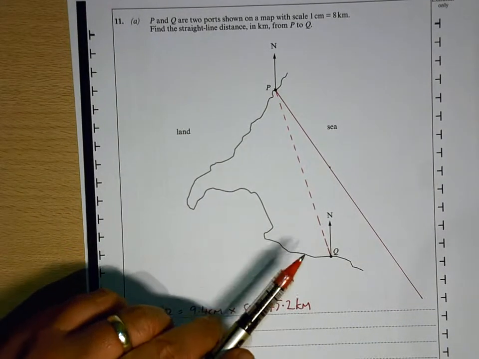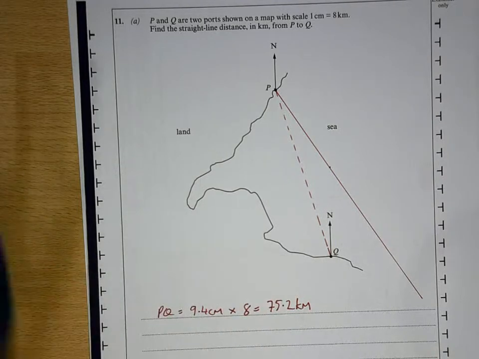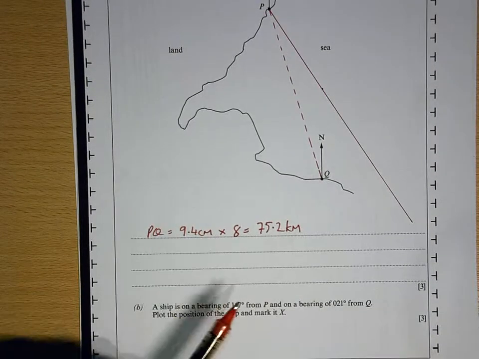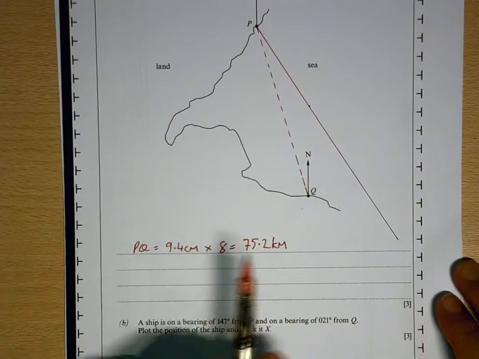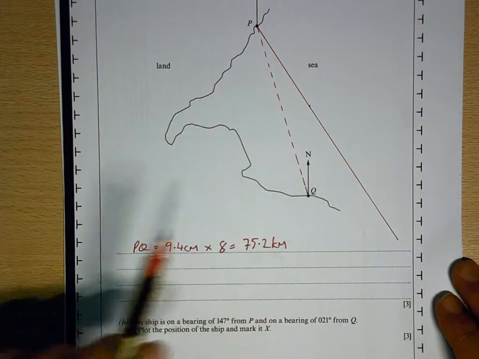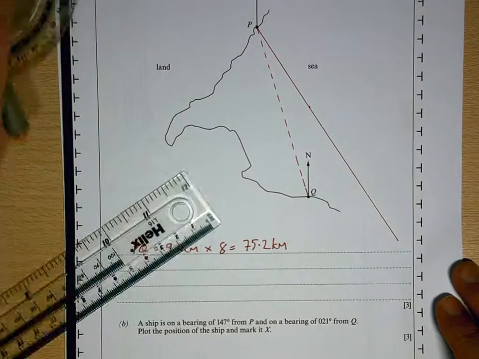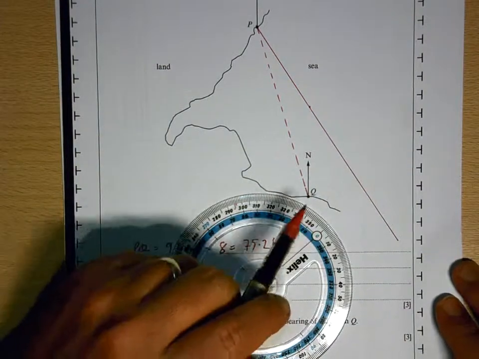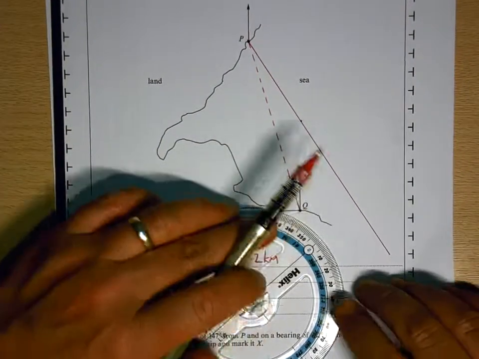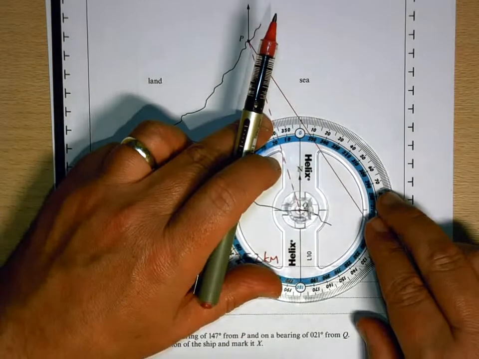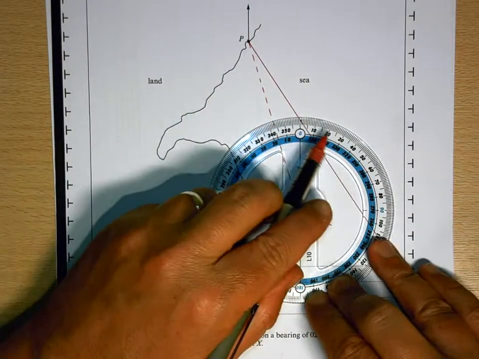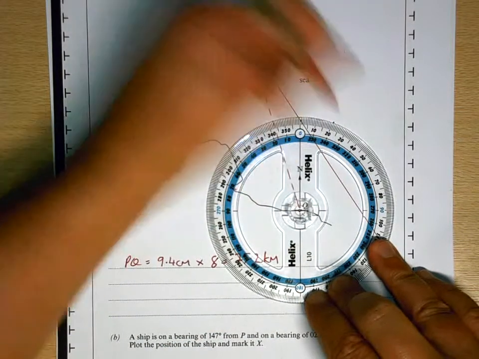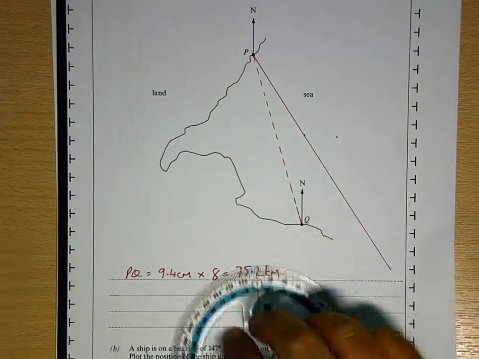In order to know where, we need to fix a bearing from Q as well. And go back to the question, it's on a bearing of 21 from Q. 21 is acute, so it's not going to be a big turn. Get your protractor, center now goes on Q, 0 once again goes from north, and this time we're going 10, 20, 21 would be there.